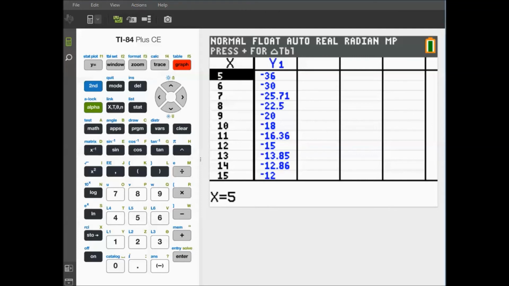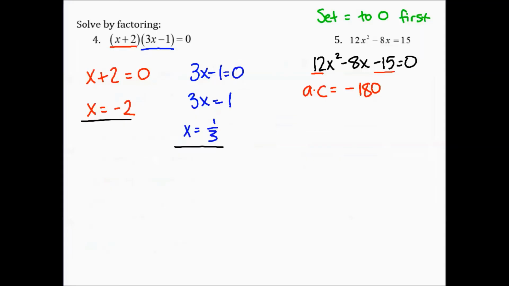So if we look through here, 5 plus negative 36 does not equal negative 8. 6 plus negative 30 does not equal negative 8. Skip the decimals. 9 plus negative 20 does not equal negative 8. 10 plus negative 18 does. So those are the two numbers that I want to use. So my two numbers are negative 18 and 10.